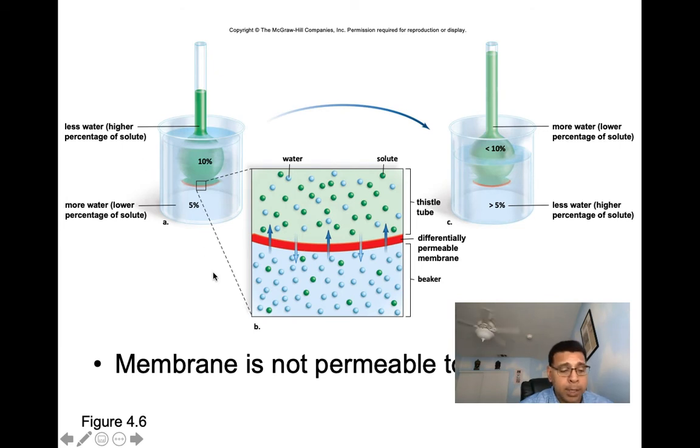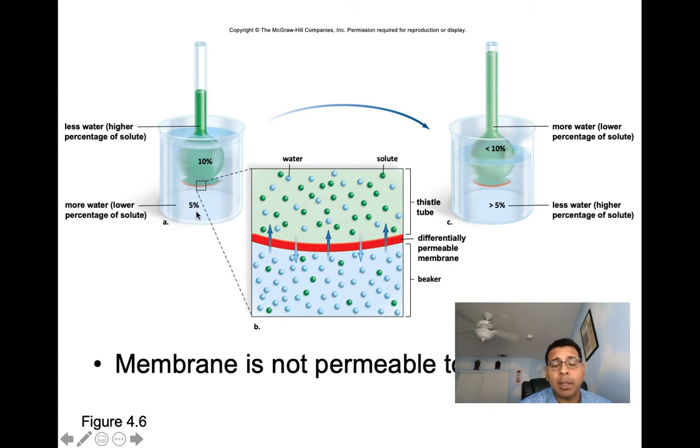Here you can see this example. We have a tube containing a 10% solute solution. This substance here in green has a 10% solute concentration versus this fluid here in the beaker, which has a lower percentage of solute.